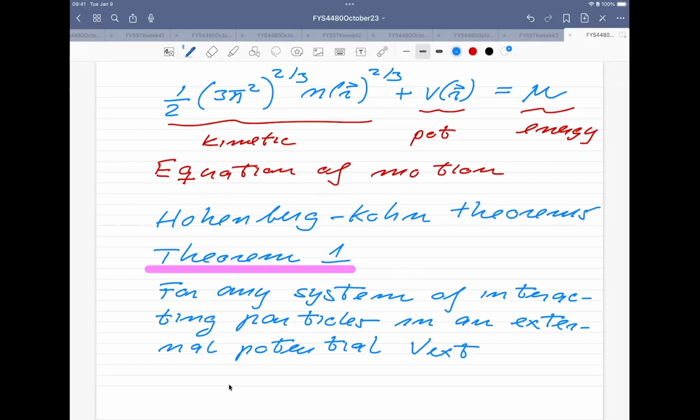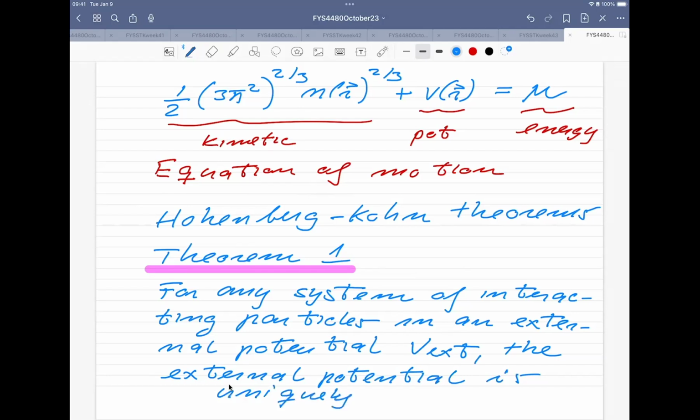So let's just write this down. In an external single particle potential V of x, the external potential is uniquely determined, except obviously for a constant, by the ground state single particle density.